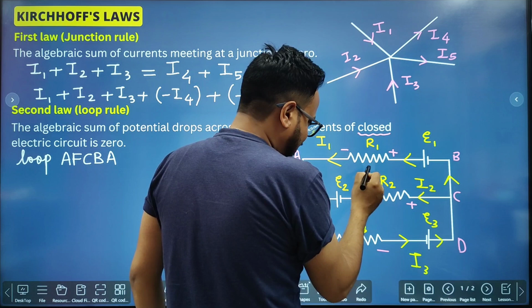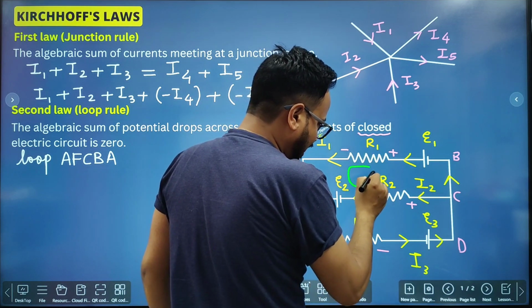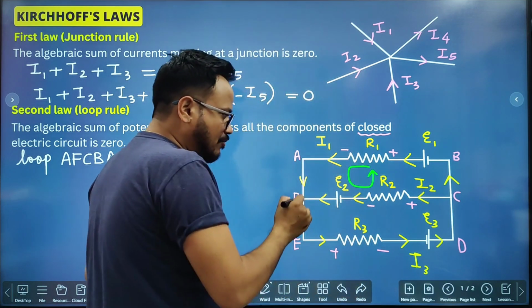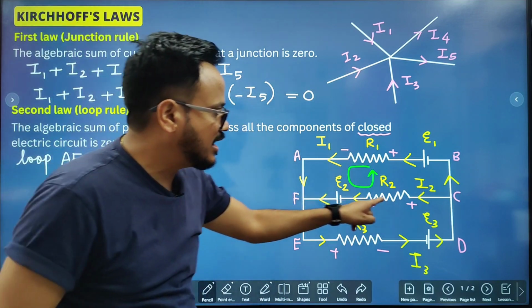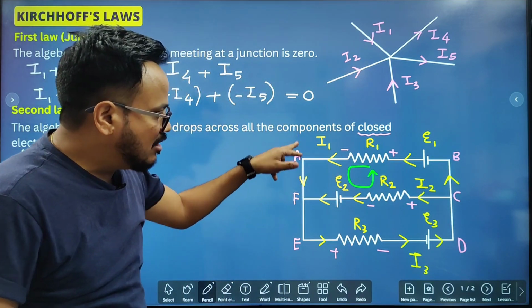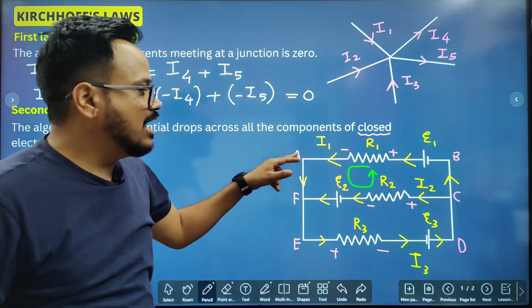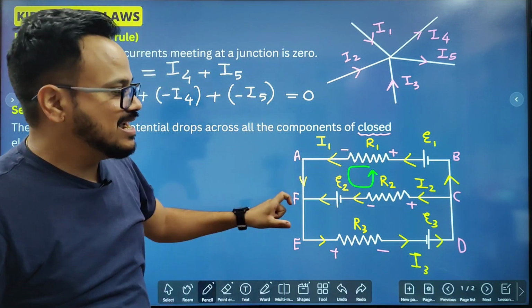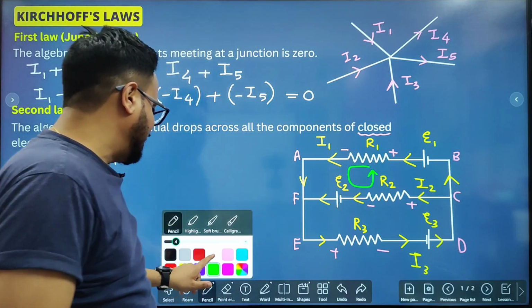Now let us take this direction as the direction in which we are moving to make the equation. This is the direction of our motion. Okay, so we will start from A, we will travel in this direction, and we will come back to A, and what we will do in between, let's see.